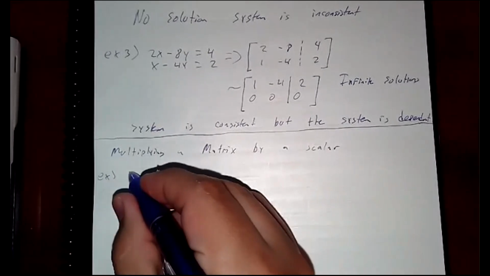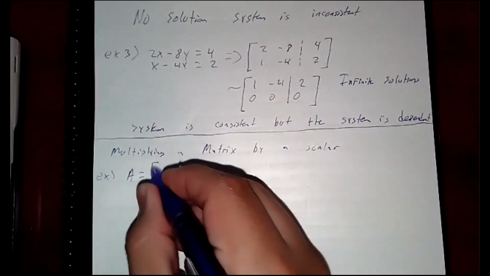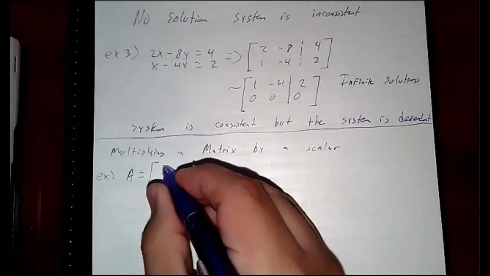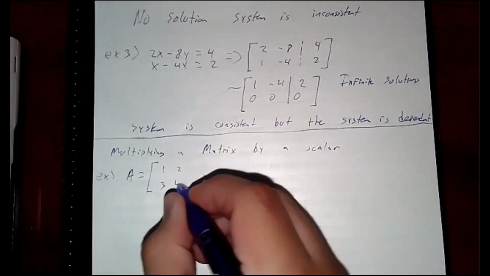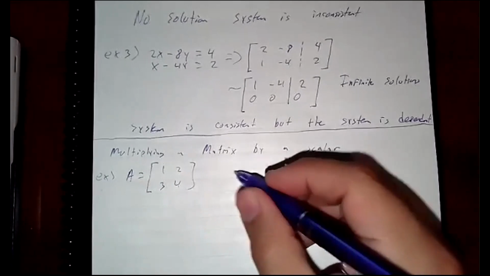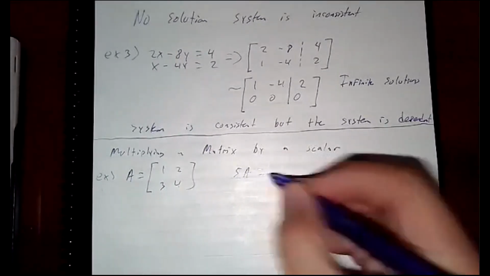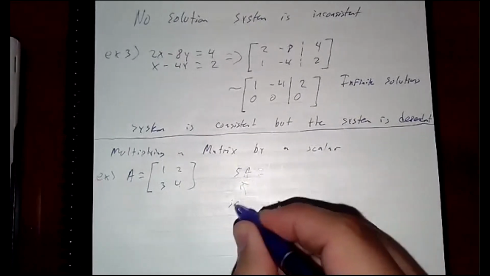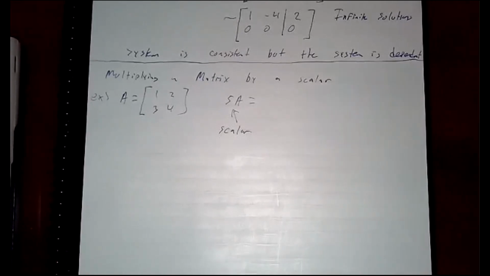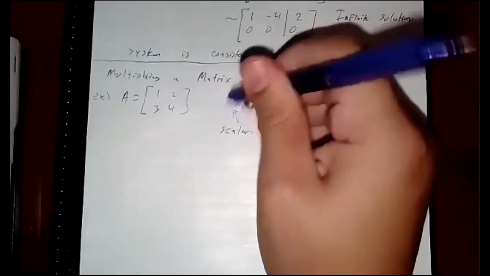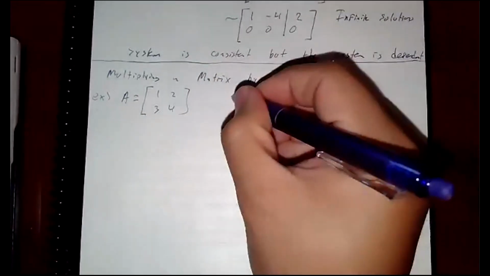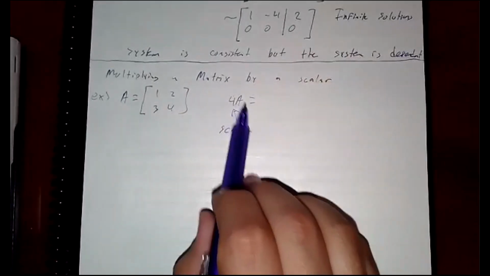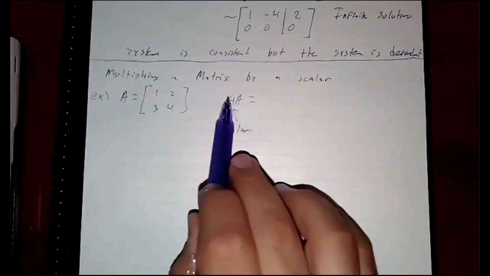Let's say you have A equal to 1, 2, 3, 4, right? 5 times A, this would be the scalar. Basically, I'm scaling the matrix by, let's look at an easier number, 4. 4A. So that means I'm going to scale the entire matrix by 4.